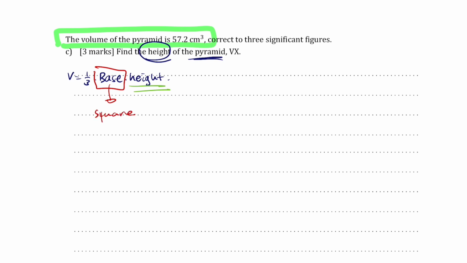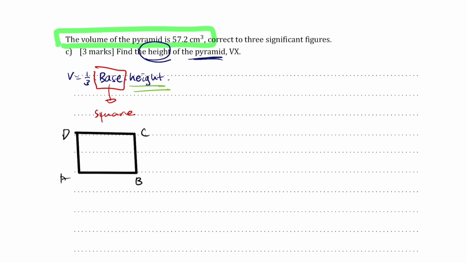Because we have a right pyramid. Then from question B, we know that the square of this pyramid looks like this and has the sides AB and BC and then AD and DC, right?